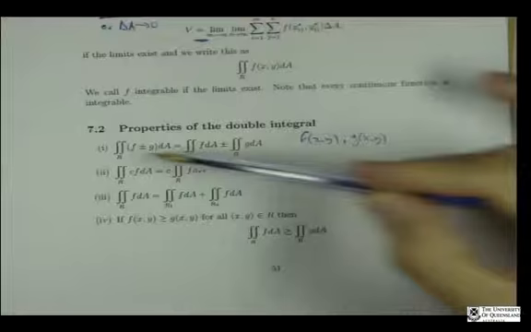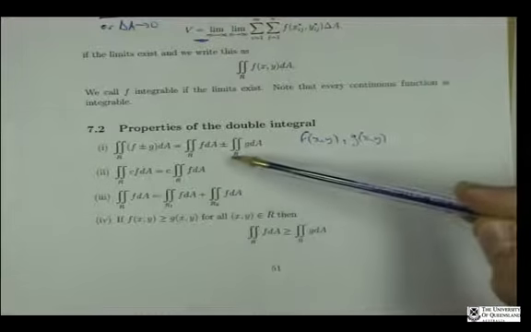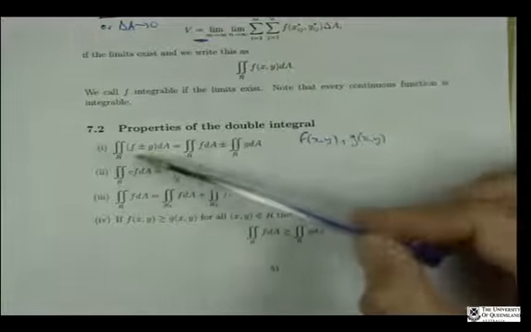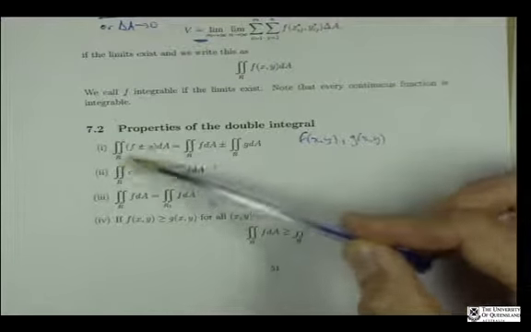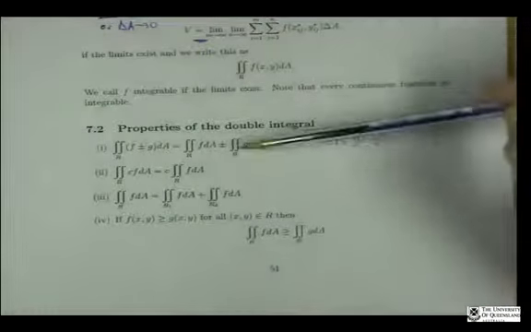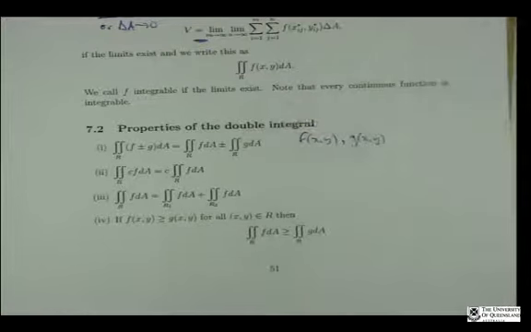What these properties are saying in terms of volume is that if we take the sum or difference of the values of these functions over some region in the xy plane, then that's the same as taking the sum or difference of the double integrals of the individual functions.